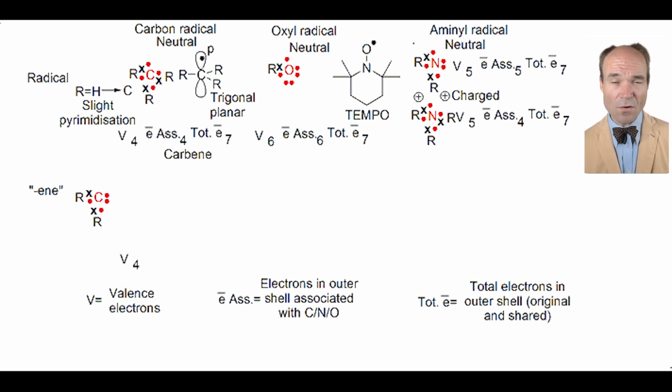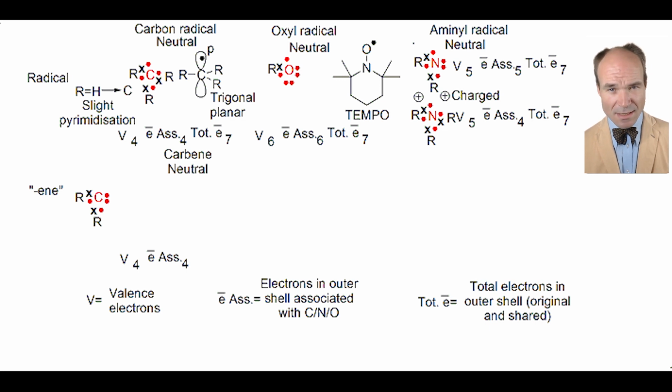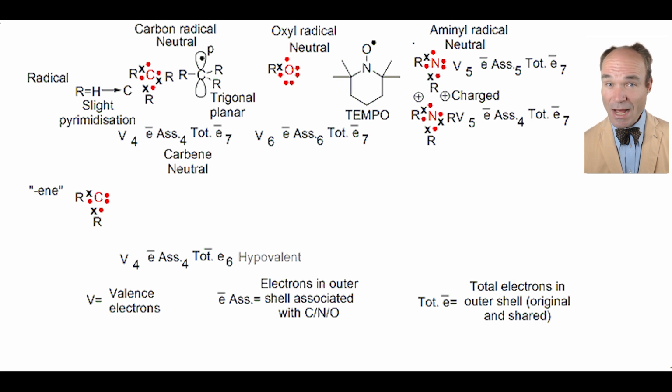Considering carbon's 4 valence electrons and 4 divided by 2 equals 2 electrons from covalent bonds and 2 electrons from lone pairs or radicals, don't worry, we'll explain that in a minute, we will see that 4 minus 4 equals 0 to tell us that the carbene is neutral. Total electrons in this carbon's outer shell is 6, with 4 associated to carbon and 2 associated with R group and shared through the covalent bond, and thus it's hypovalent.